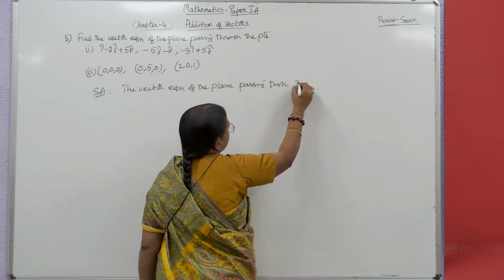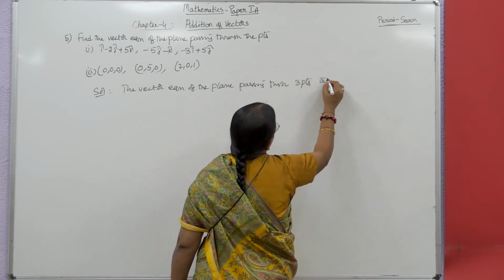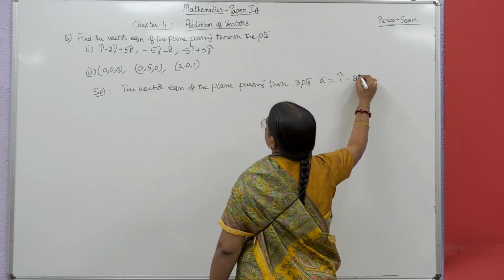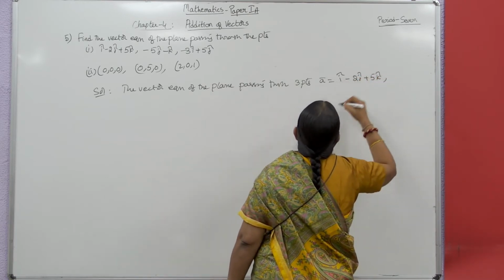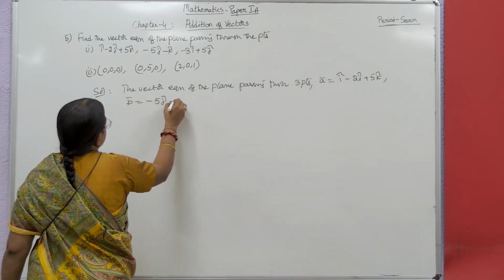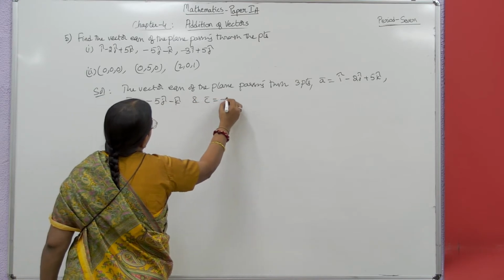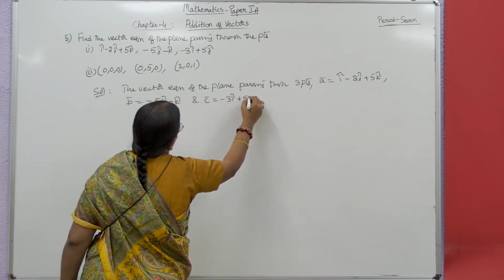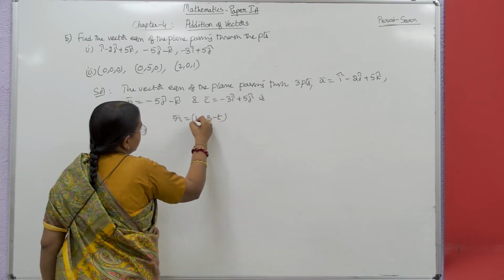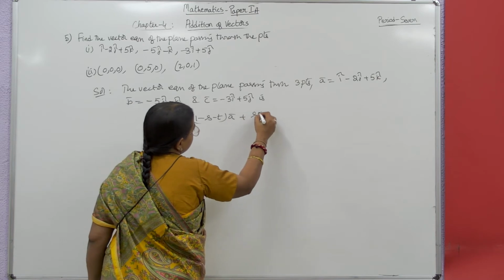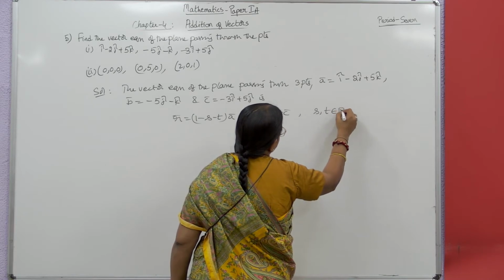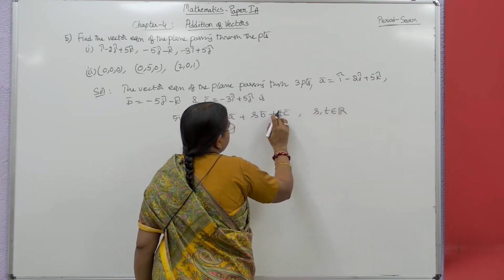We will take the points as A is equal to I minus 2J plus 5K, B is equal to minus 5J minus K, and C is equal to minus 3I plus 5J. We have the formula r is equal to 1 minus S minus T into A plus SB plus TC, where S and T are real numbers. This is the formula.